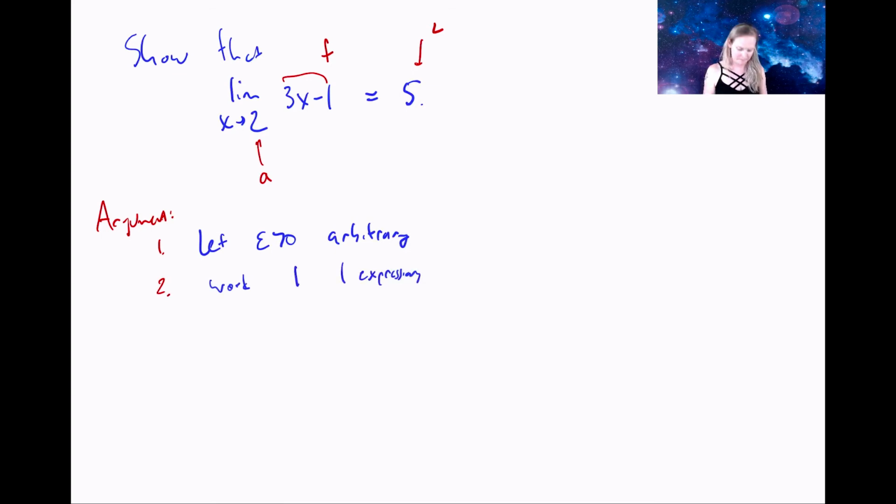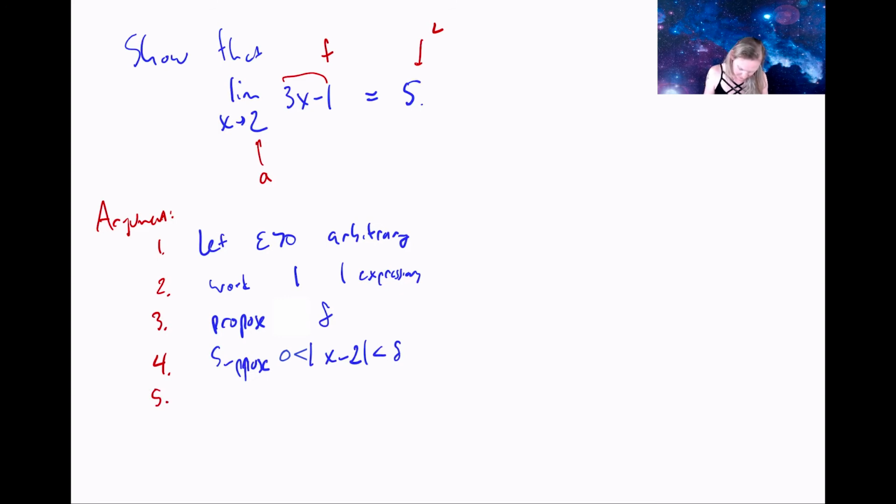Number 3, I'm going to propose a delta. Number 4, I'm going to suppose that the absolute value of x minus A is less than delta. But we have a specific A that we're interested in, so it's going to look like the absolute value of x minus 2 is less than delta.